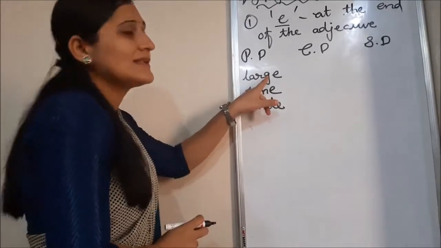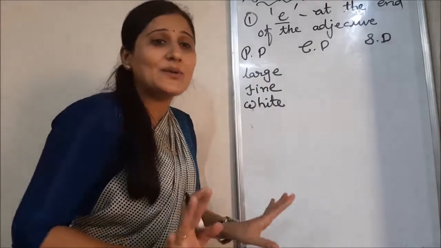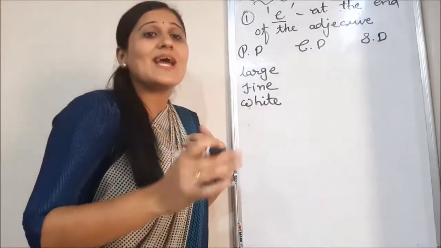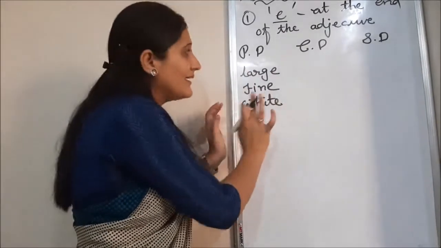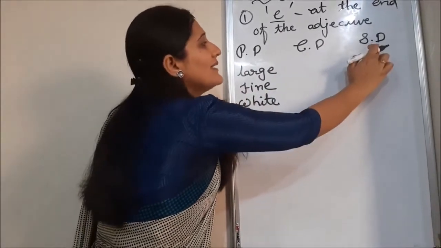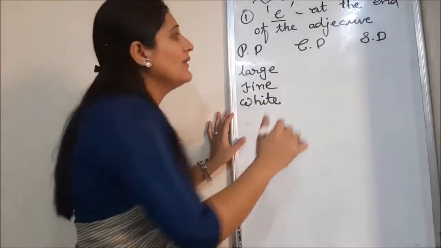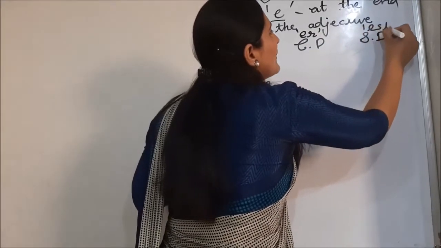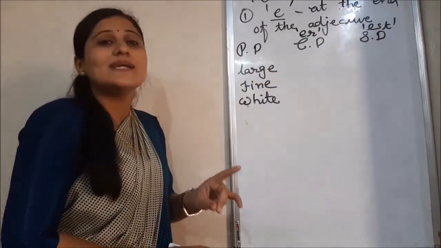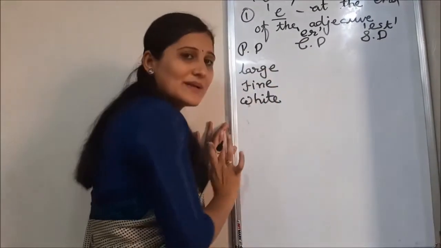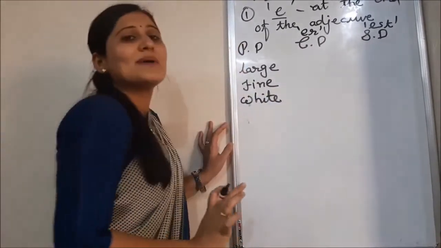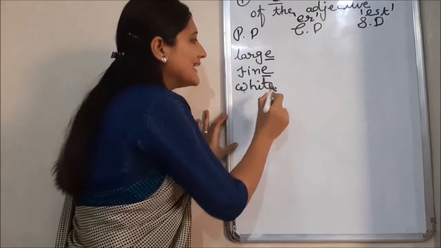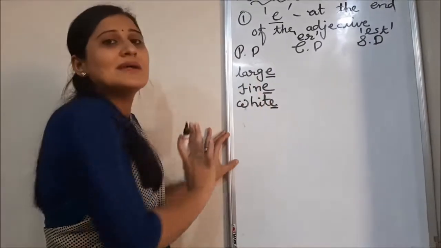You can see in positive degree you will not need to remember anything, because in positive degree the same adjective that we have in English will be there, right? So only in comparative and superlative degree you need to check, because here we have to add ER and here we have to add EST. I have already discussed this when I explained comparative degree and superlative degree, right? You can see the last letter is E in all 3.